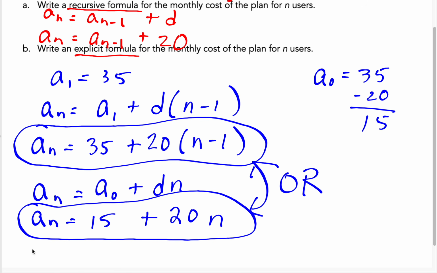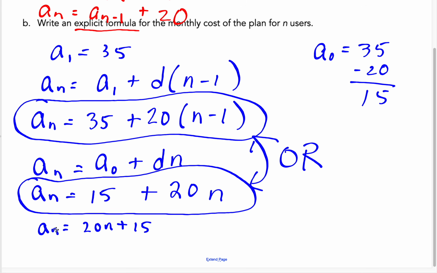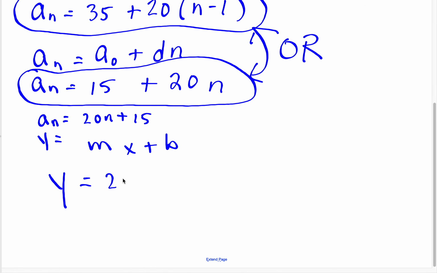And recall, another way we can write this, turning it around, is 20n plus 15. Remember, if you're ever asked to write it in y equals mx plus b, you could write y equals 20x plus 15.